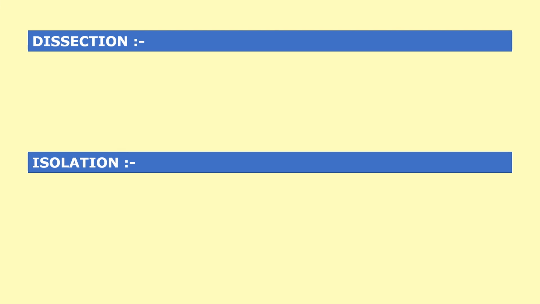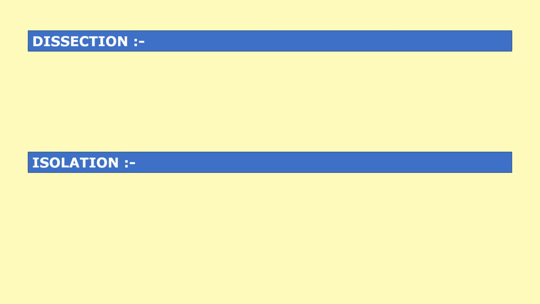Second one, that is isolation. Isolation means separation of tissue or organ from the remaining part of the animal. For example, if I want a frog heart, first I will do the dissection of the frog. After dissection, I will separate the heart of the frog from the remaining body of the frog. That is known as isolation.